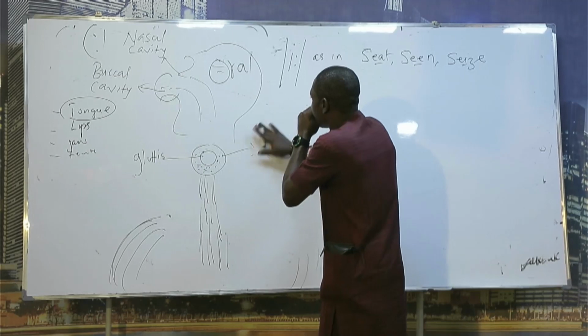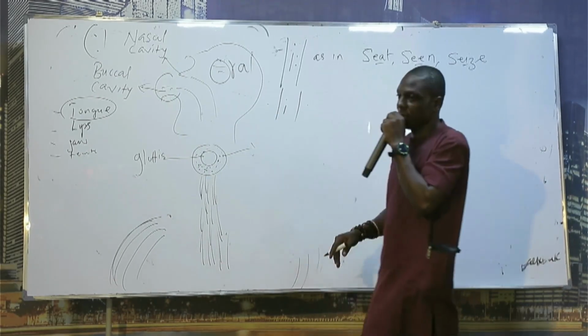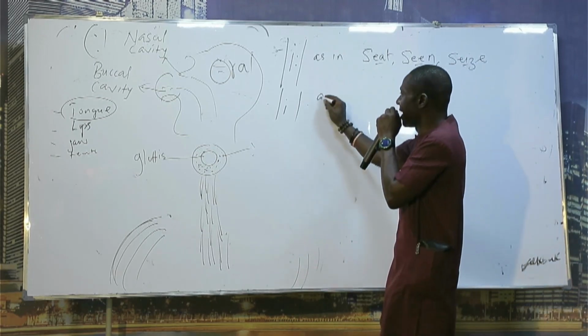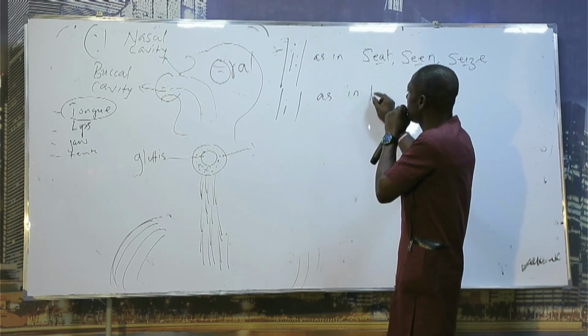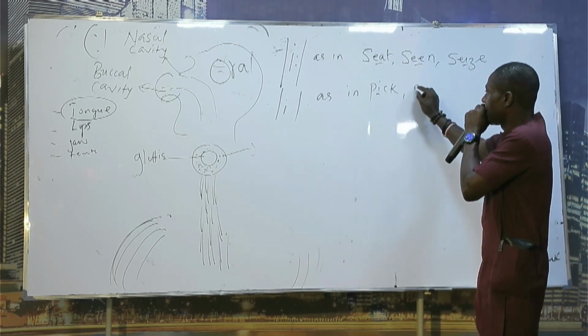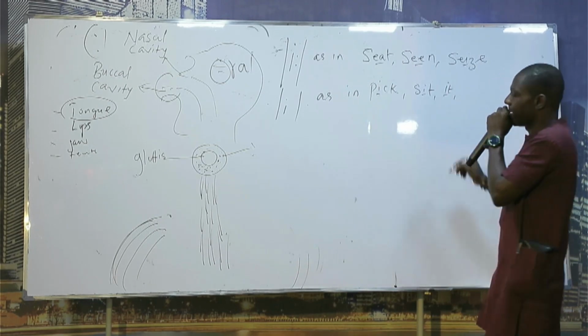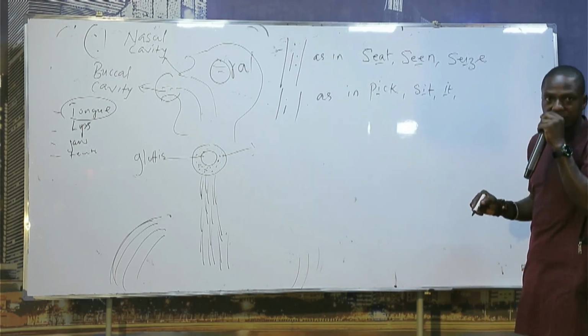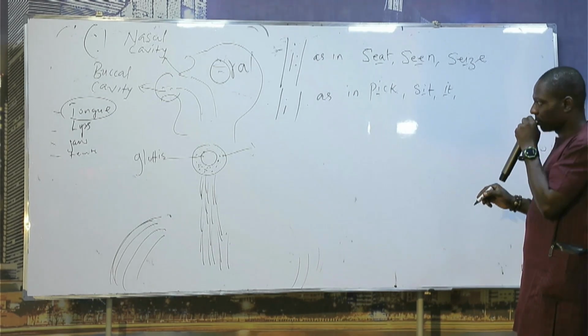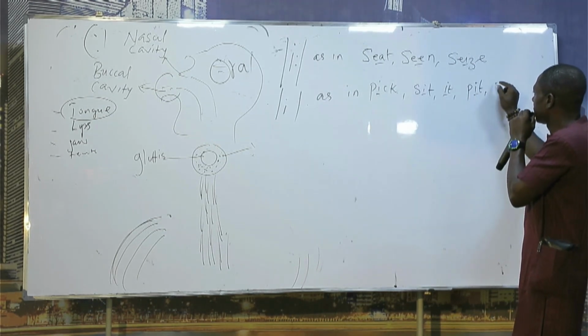Vowel number 2 all over the world is what? E sound. Short one. Short E sound, as in pick. Sit. Okay. Eat. Okay. It's not shit. Pete.